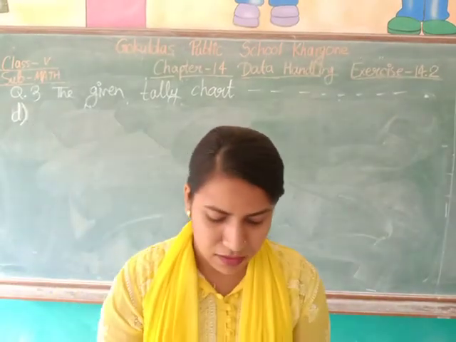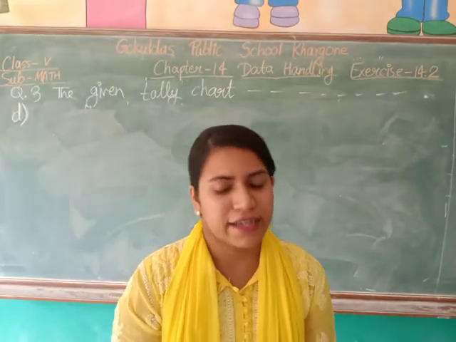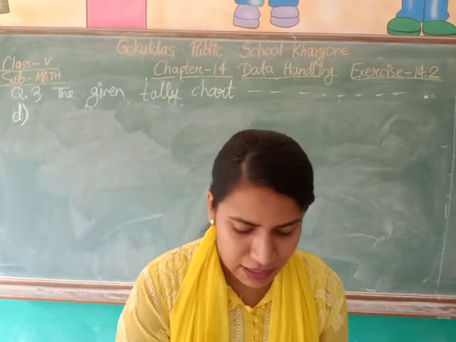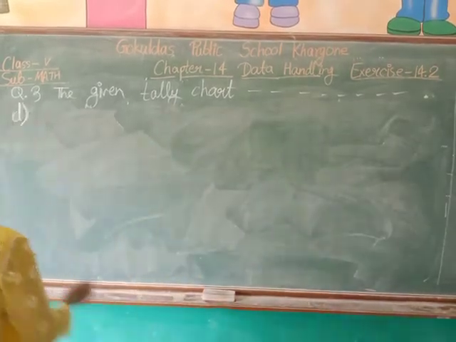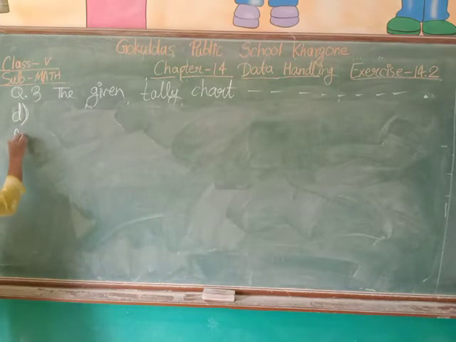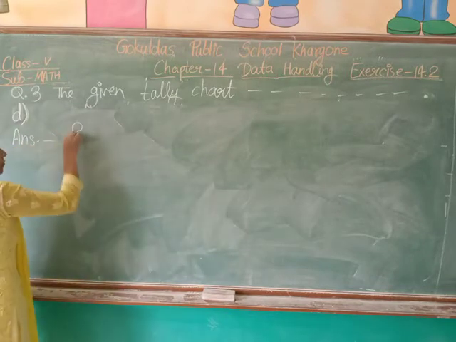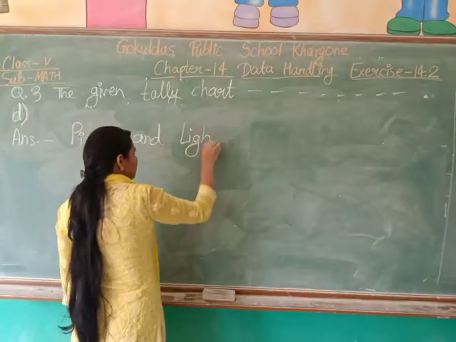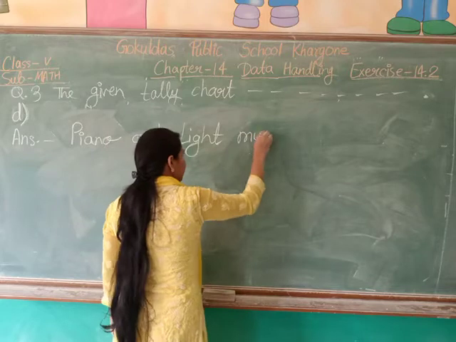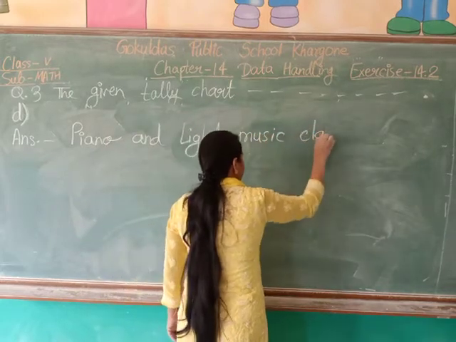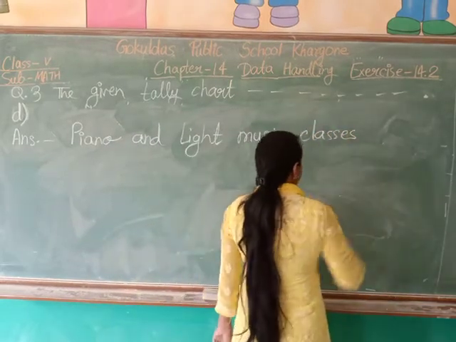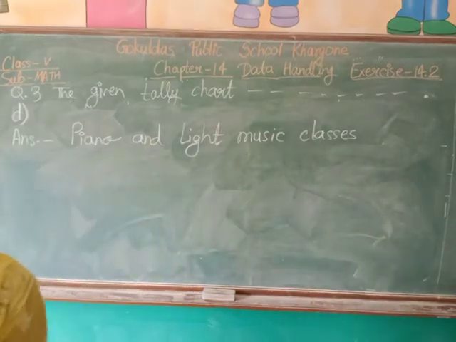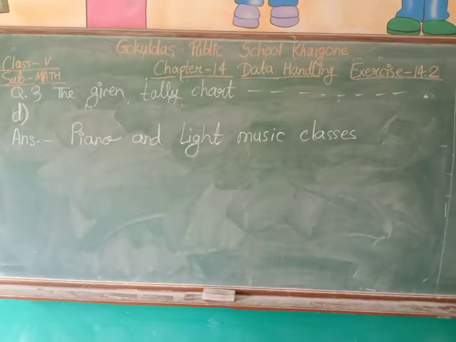Piano and light music classes are attended equally by students. So what will be the answer for D? Piano and light music classes were equally attended by the students.